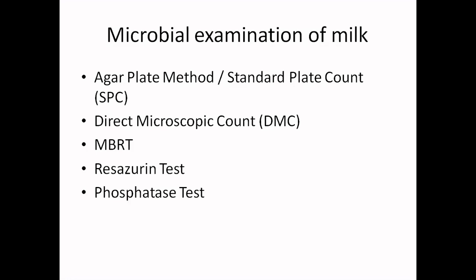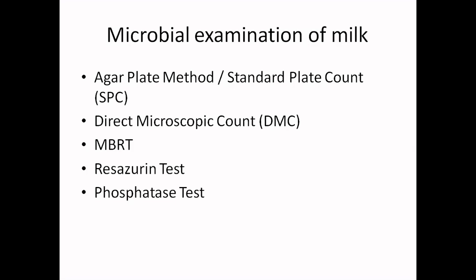This method consists of spreading 0.01 ml of milk sample uniformly over a ruled area of 1 square centimeter on a glass slide, allowing a thin film to dry, removing the fat, staining the film with methylene blue or crystal violet, and examining the sample under the oil immersion objective previously calibrated to determine the area of the field. The individual cells are counted and the result expressed as number per milliliter of milk.